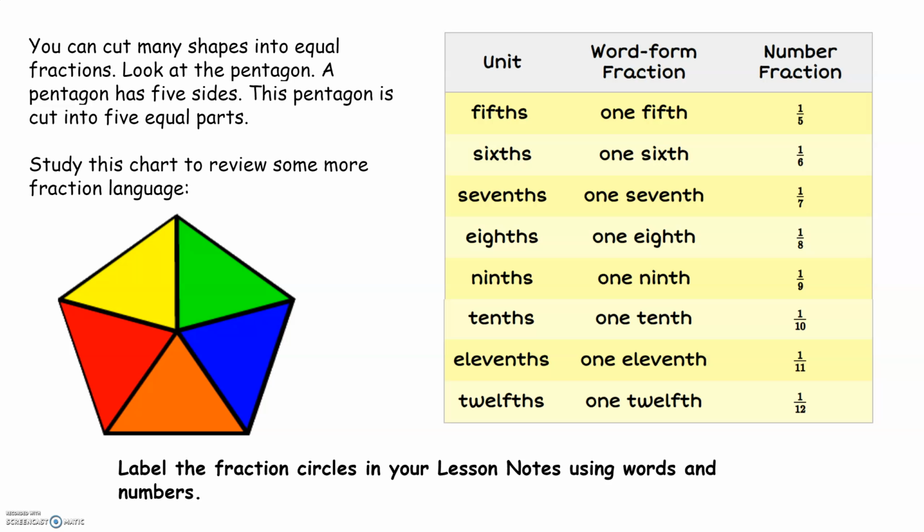So those parts would be thirds. There's 1 shaded part. So on your chart, next to number 1, you're going to write in fraction words 1/3. And then you would write in fraction numbers 1/3. You can stop the video and work on your first 2 pages of your lesson notes now.